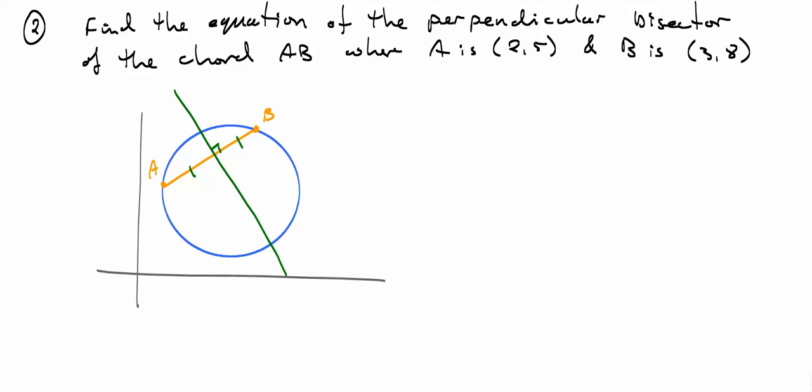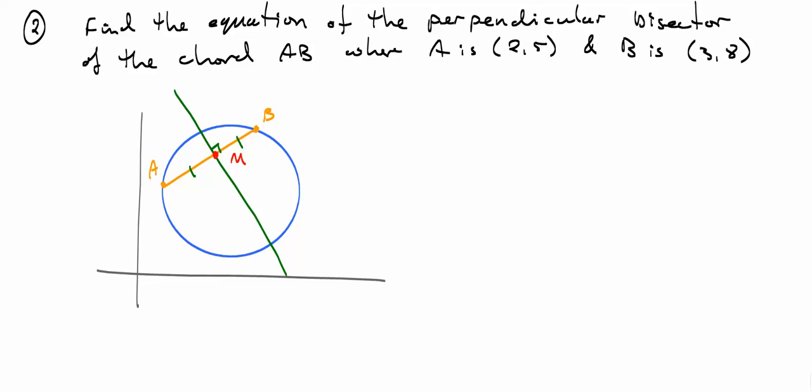In order to do that, we need two things. It's a line, so we need the gradient of the line and a point which it passes through. We can see that the line passes through this point here, which we'll call M, which is the midpoint of AB, and the gradient of the line is at right angles to AB.